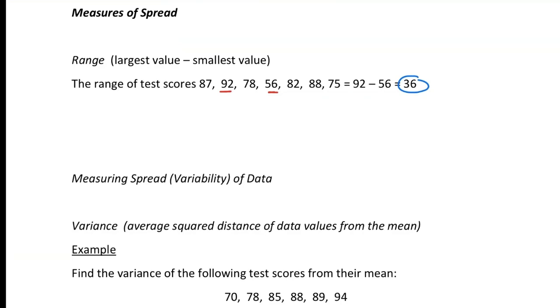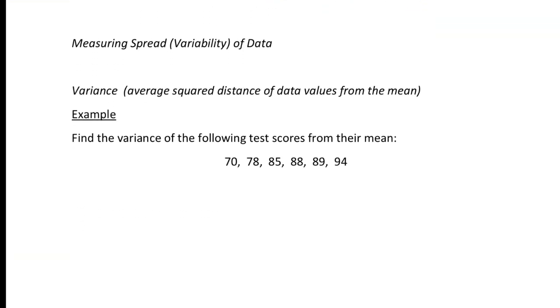So I know that for students in this class, based on this sample, the range is 36. So, okay, does that mean a lot of students did really well and there's one lower score? Were there a lot of low scores and one did really well? We just don't know. It doesn't really tell us a whole lot about the data itself if all we're given is the range. So another way, a better way to measure is what's called variance.